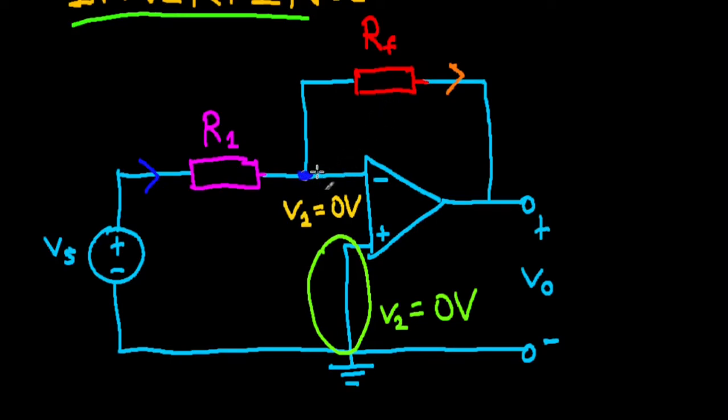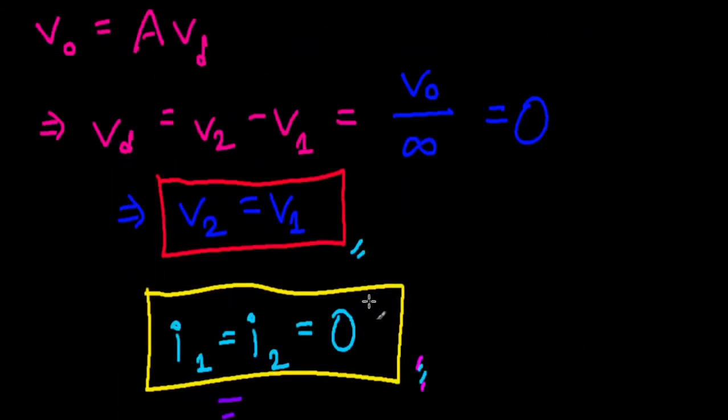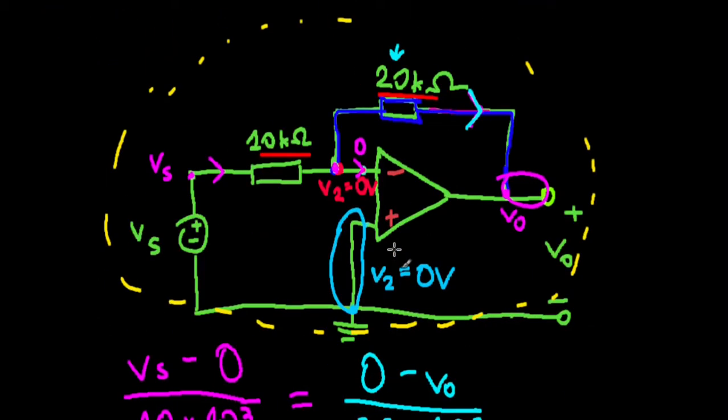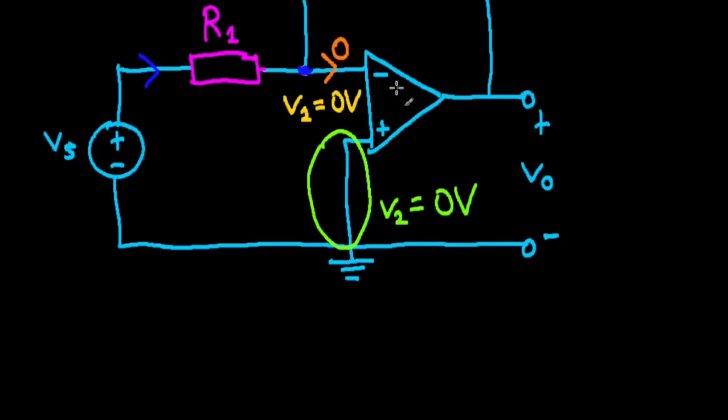Oh man, I seem to be too much in a rush. Definitely shouldn't do that. And we also have this current which is exiting. But the thing is, this is an ideal op amp, and we know that the currents entering each of the inputs are equal to 0. So that's why this current is going to be 0, so we don't need to consider that. The current entering this node is going to be equal to the current exiting. So this current which is exiting is 0, so we don't need to count that.